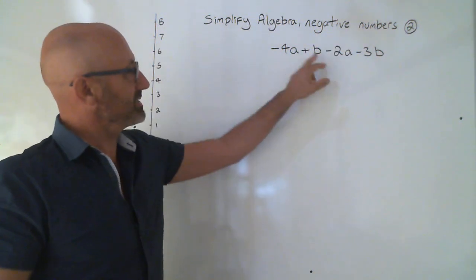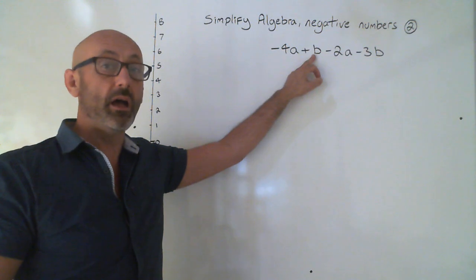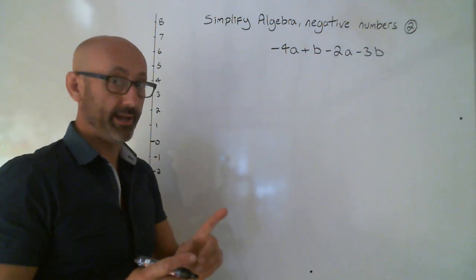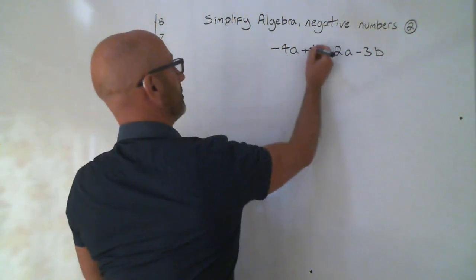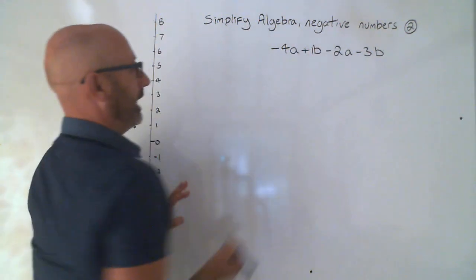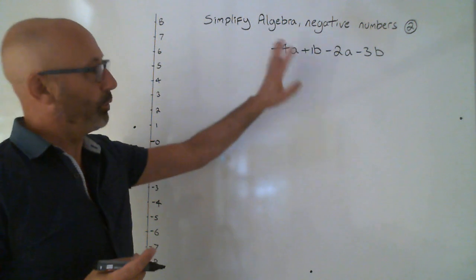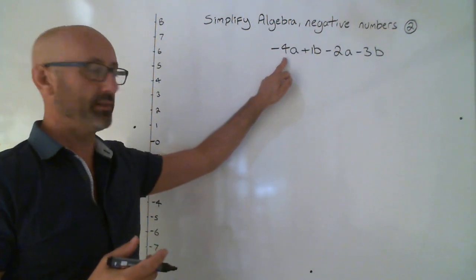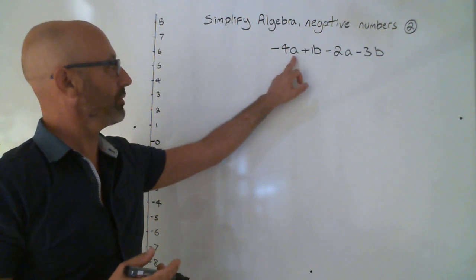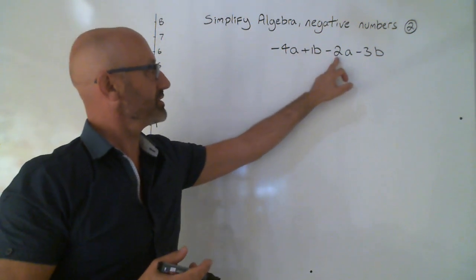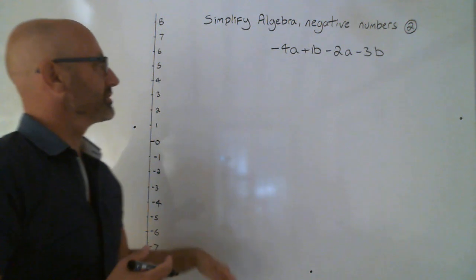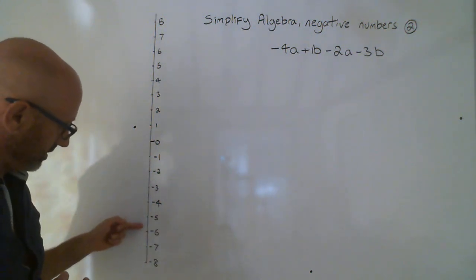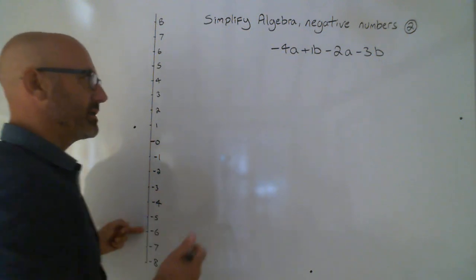If you have a look at this now, it says B, banana, which of course we're going to write as 1 banana. And all we're going to do is put the apples and the bananas together. So look at this carefully. We've got minus 4a minus 2a. So minus 4a minus 2a is minus 6a.